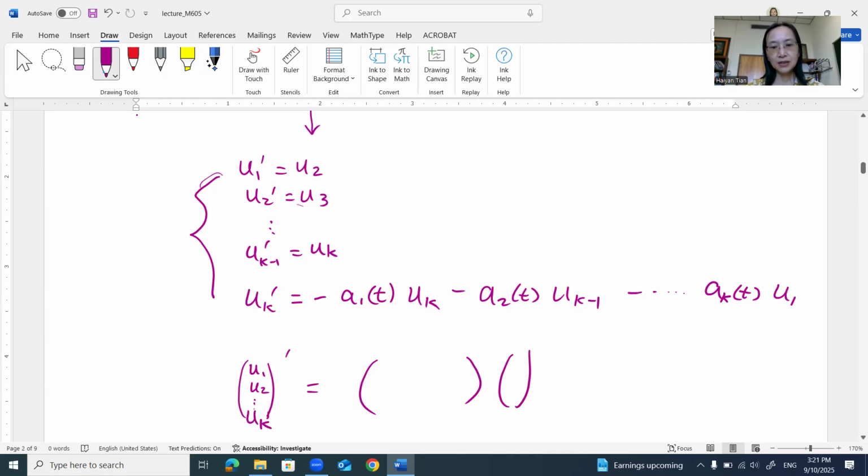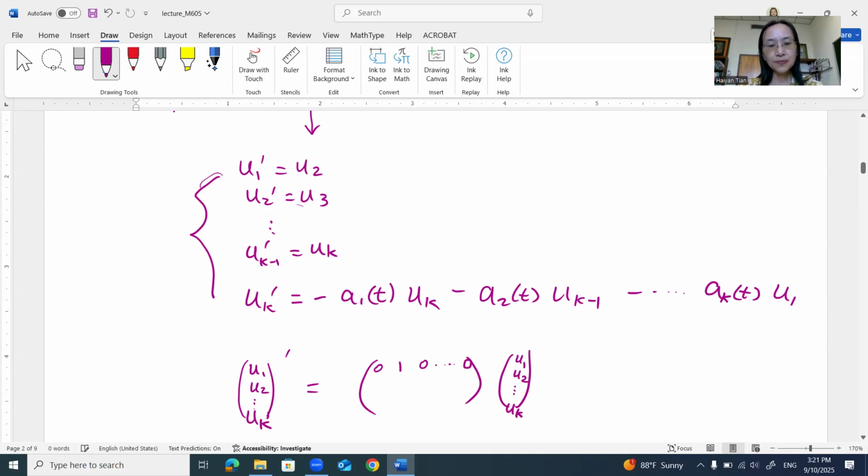You see in the first equation, the coefficient of u2 is 1, and the coefficients of u1 and all the other u's through uk are 0.